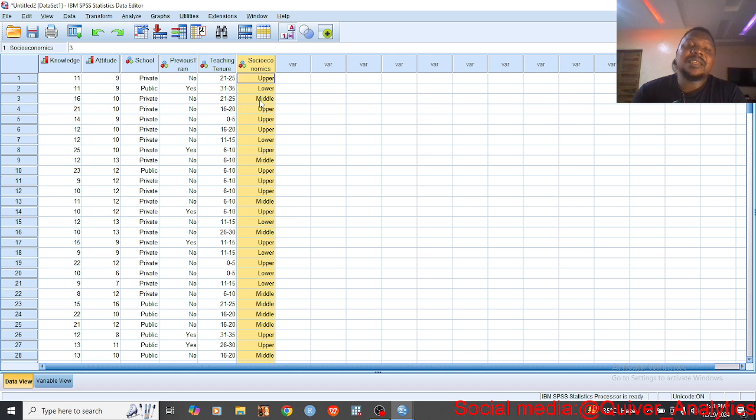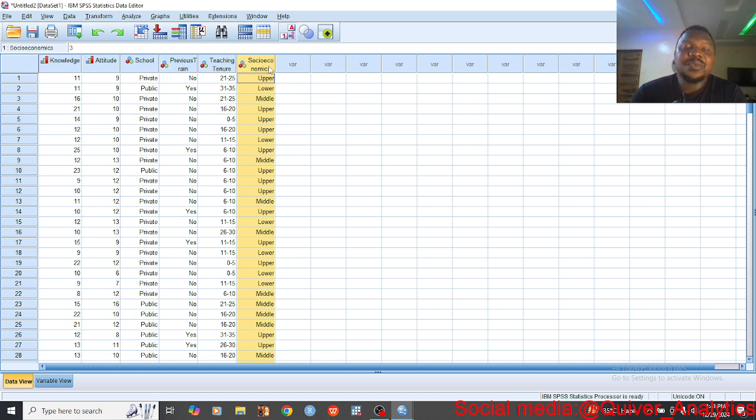So just like the equivalent for the parametric test, which is one-way ANOVA, when you have more than two levels in your categorical or nominal variable, you use the one-way ANOVA.